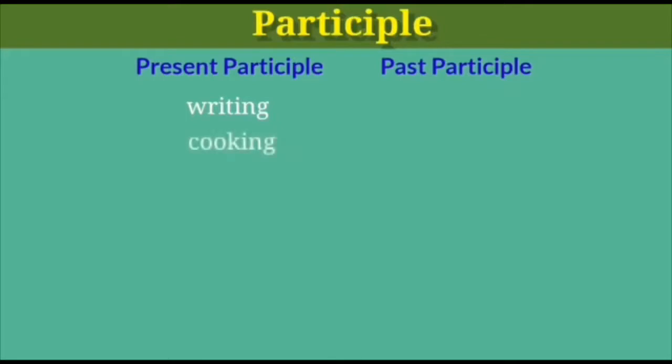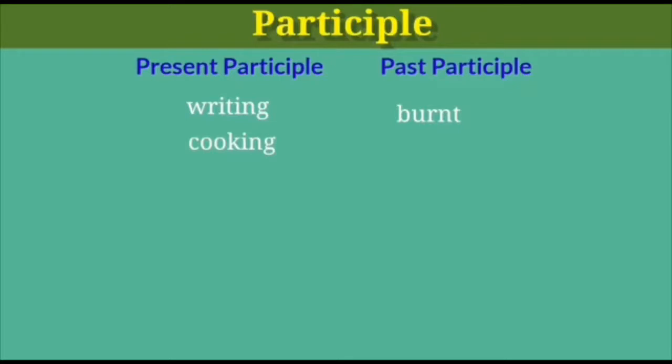Cooking: cook is a verb ending in ing, a present participle. Burnt: burn, burnt. The third form of the verb means past participle. Now we'll use these three participles in their adjective form so that we can prove participles are words from verbs and used as adjectives.